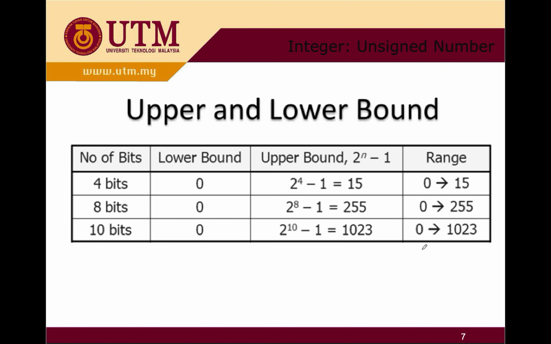Over here, this is still under unsigned numbers, where you have an upper and lower bound. Let's say you have 4 bits. The lower bound, which is the minimum, as I mentioned, always starts from 0, and then the maximum, or upper bound. Don't feel confused about what an upper bound is.